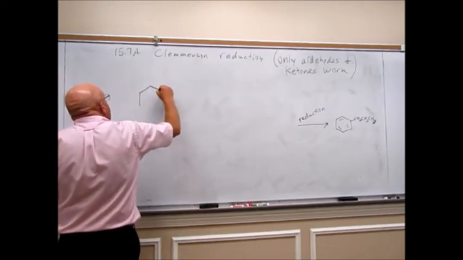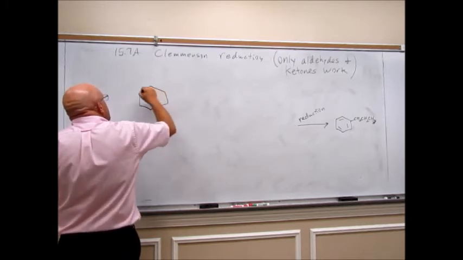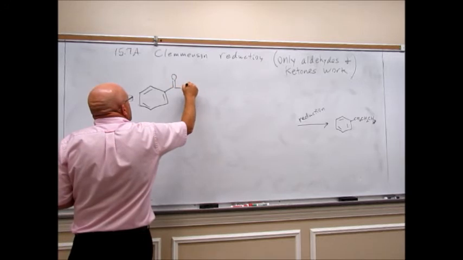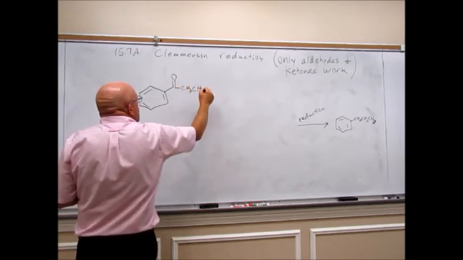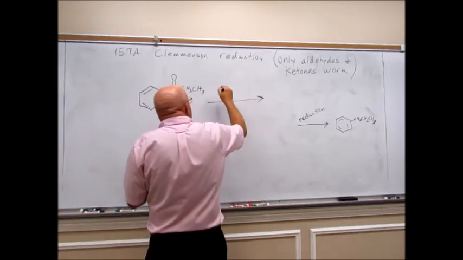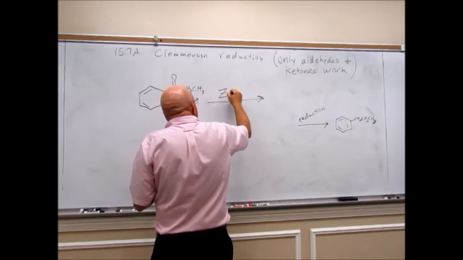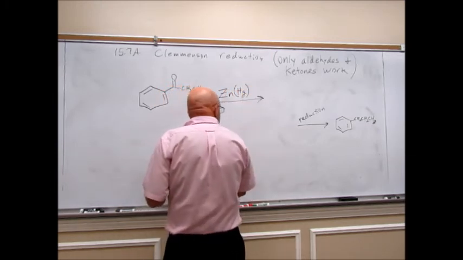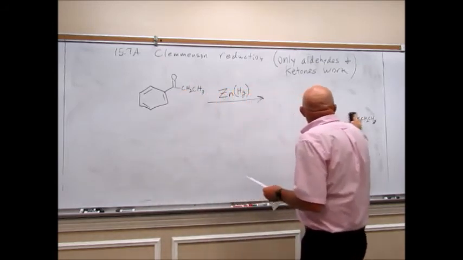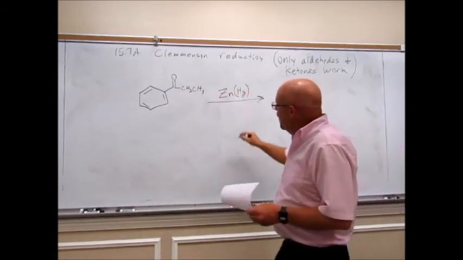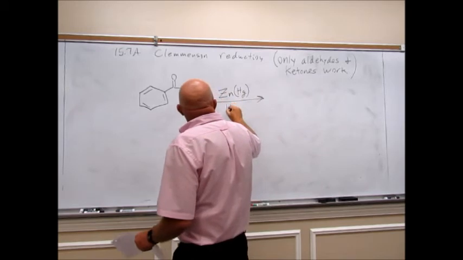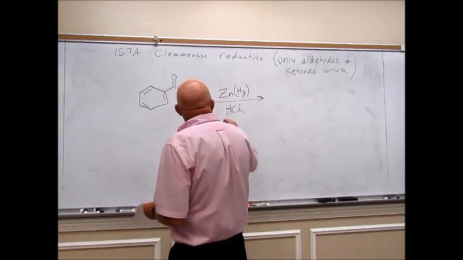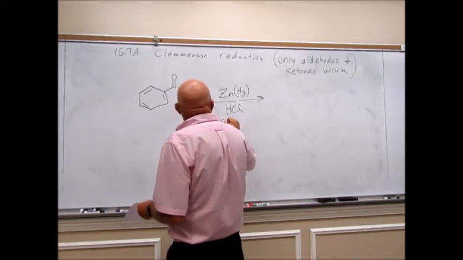So the Clemmensen reduction uses a zinc mercury alloy, and it's done under acidic conditions. We use hydrochloric acid as the acid. It's always hydrochloric, and we heat these up to reflux.